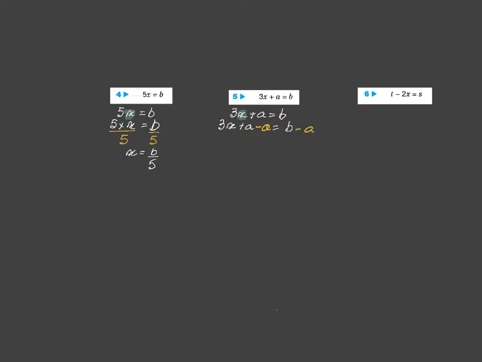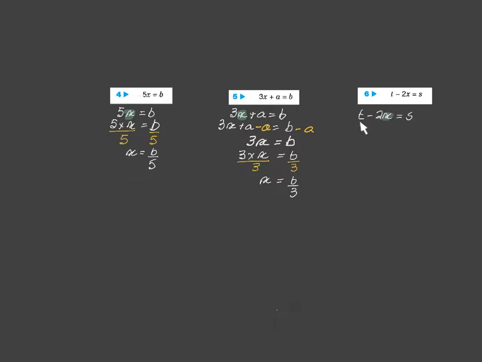On the left, we have 3x, and plus a minus a gives us 0, so it is just 3x is equal to b. 3x is equal to 3 times x, so to get rid of that 3, we will divide both sides by 3. On the left, it's 3 times x divided by 3, and on the right it is b divided by 3. On the left, 3 divided by 3 is 1, so x is equal to b over 3.